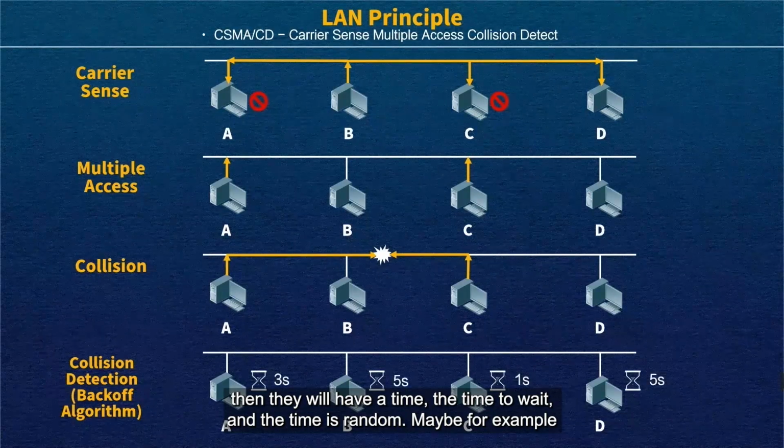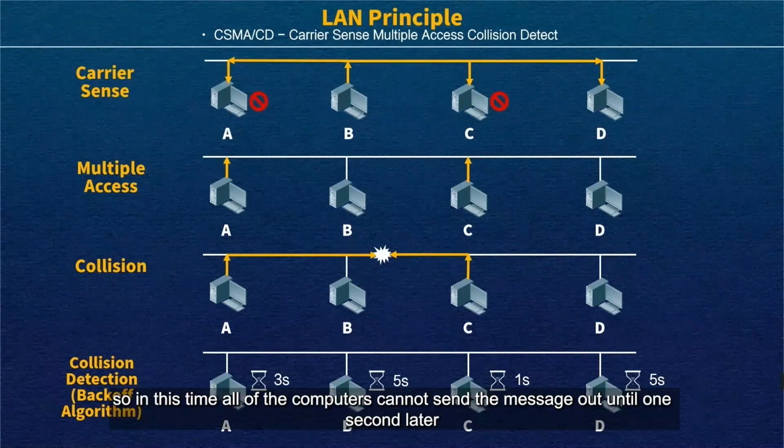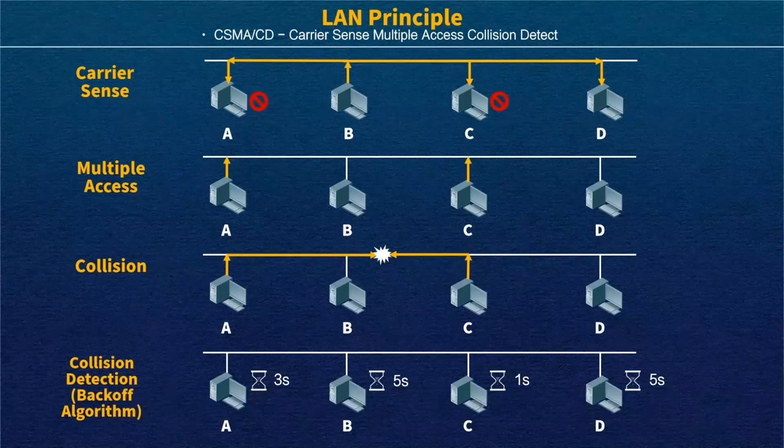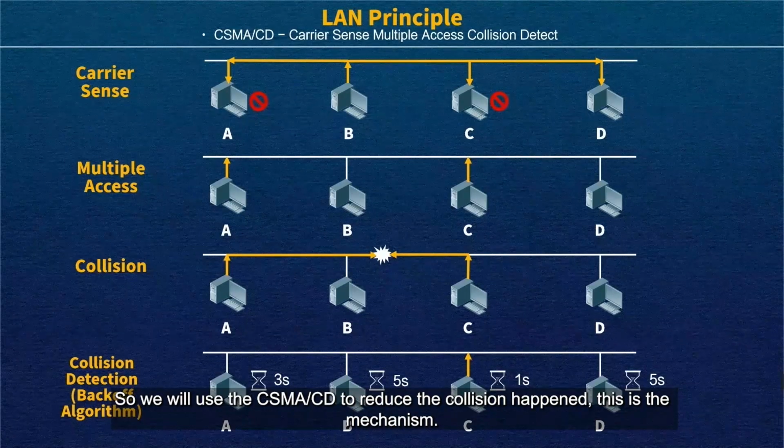For example, A should wait 3 seconds, B 5 seconds, C 1 second, and D 5 seconds. During this time, none of the computers can send a message until 1 second later. Then host C can send the message out. After C has sent successfully, the next one is host A. So we use CSMA/CD to reduce the collisions. This is the mechanism.